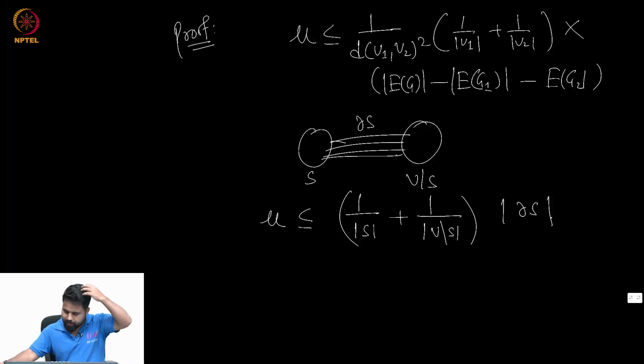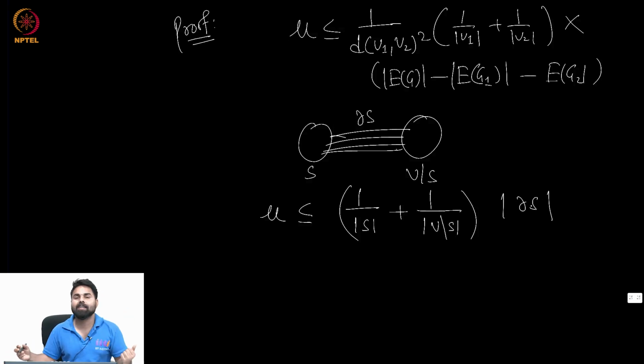Very good. Now you see that S here is less or equal to n by 2. So that means this quantity, mod V minus S, will be greater or equal to n by 2. Hence this total quantity will be less than this.